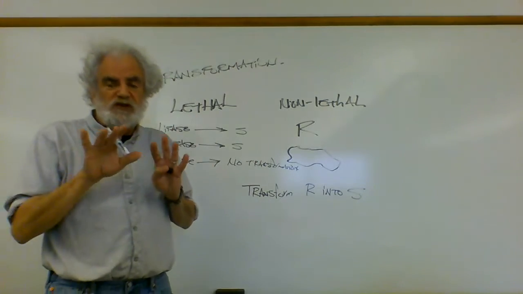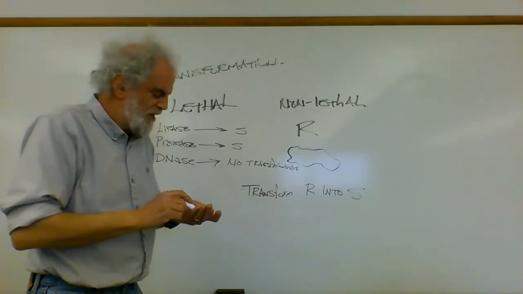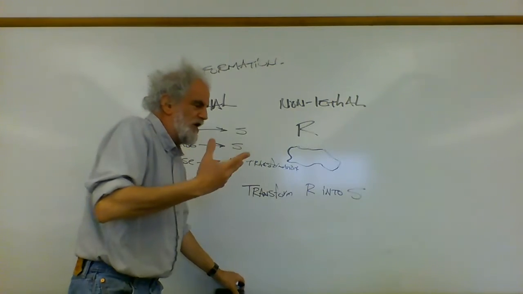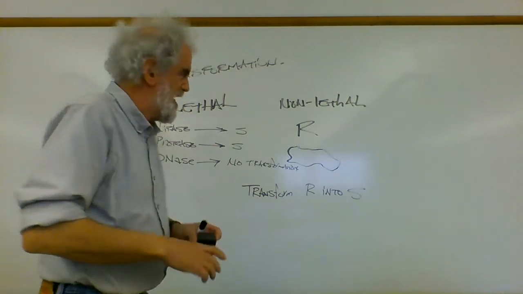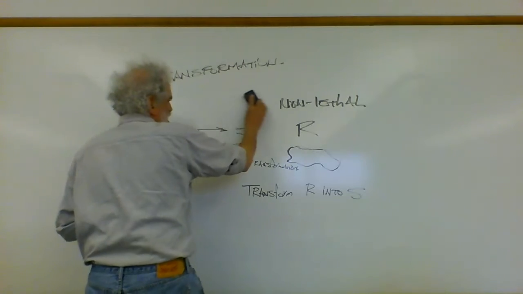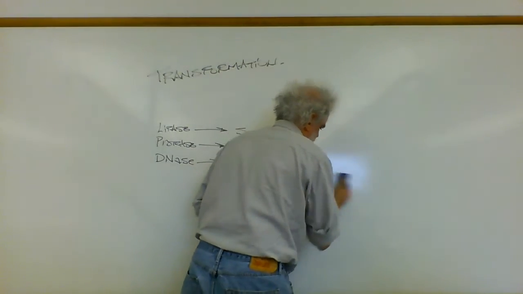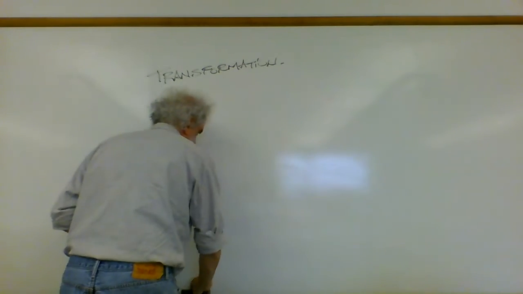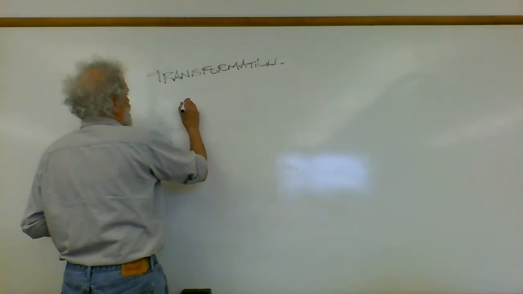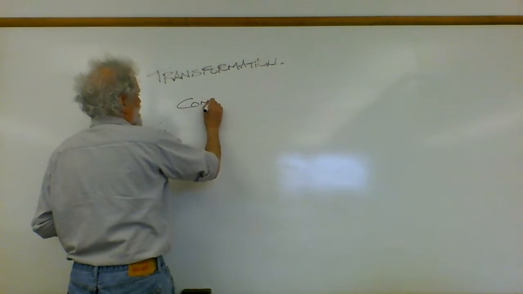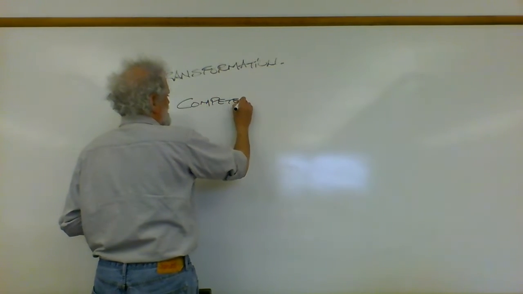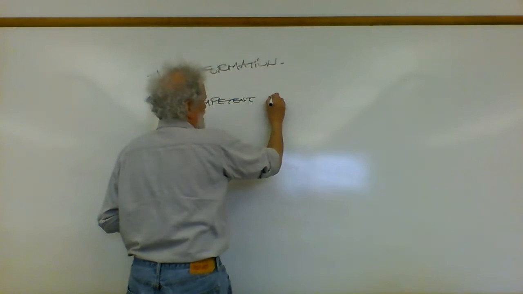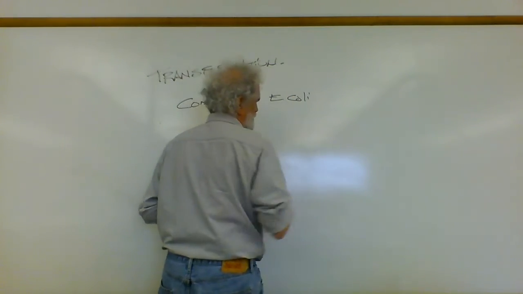One of the things that is critical in order to carry out a transformation is that the cells that are going to take the DNA up have to be treated in a very specific way. They have to be rendered what Avery called competent. So we're going to make competent E. coli cells.